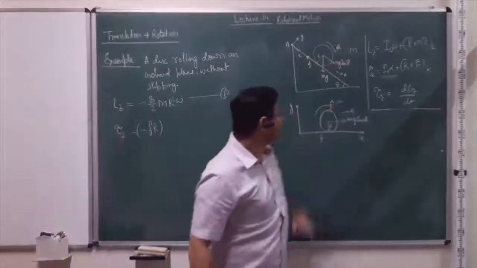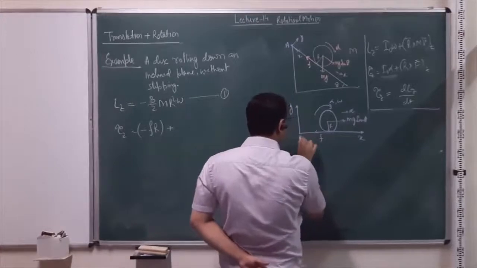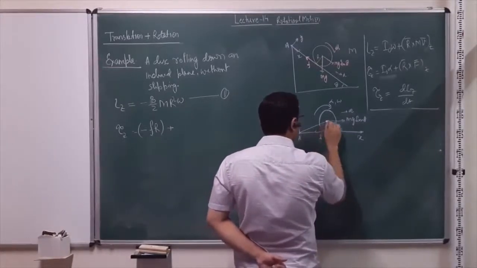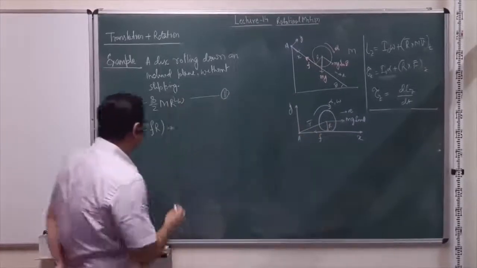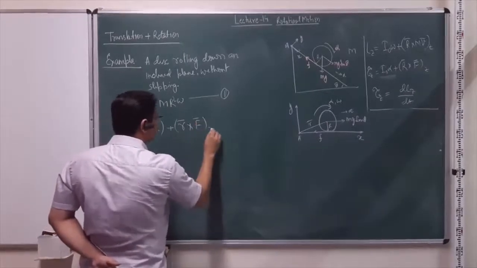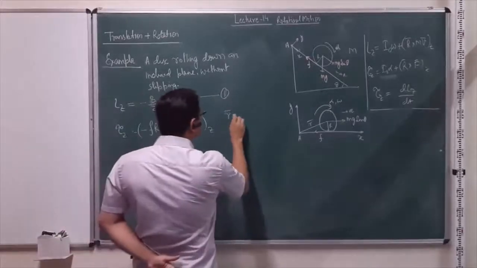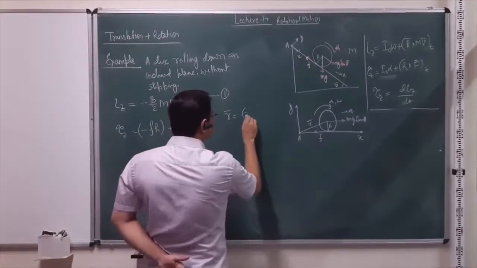The second term is R cross F. From this origin, let's call this R. So R cross F, the z component. What is R here? I can break R down into different forms.